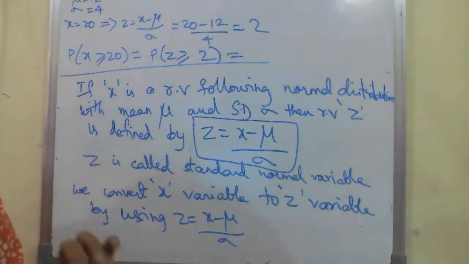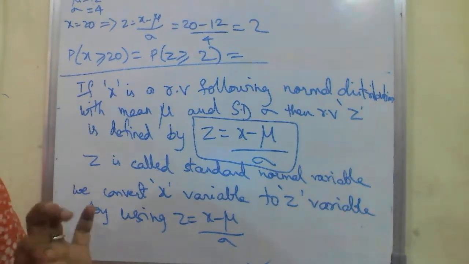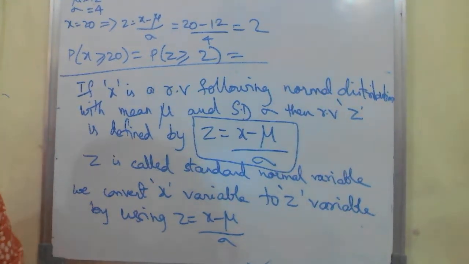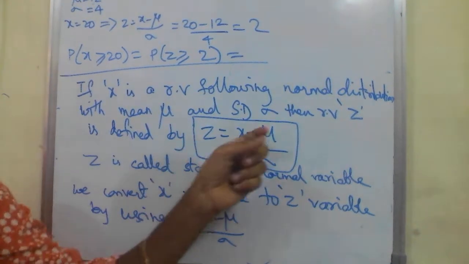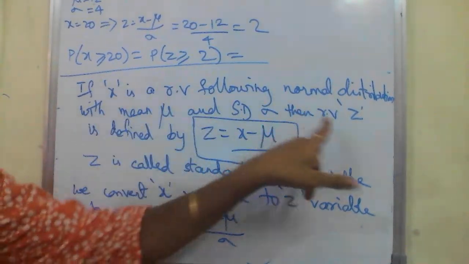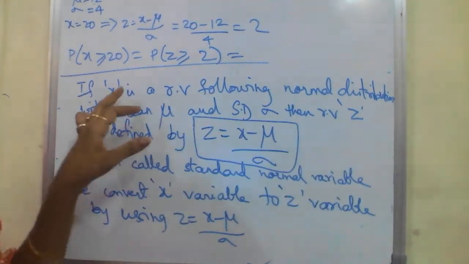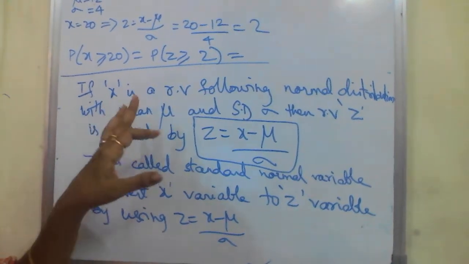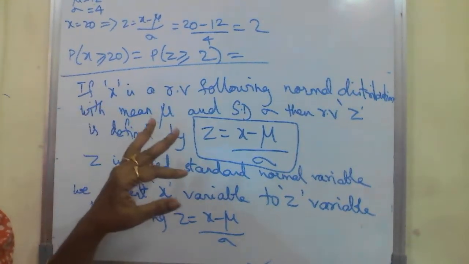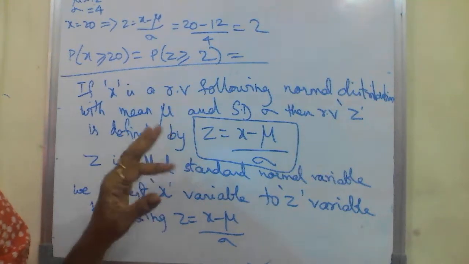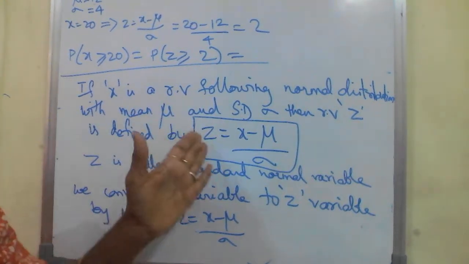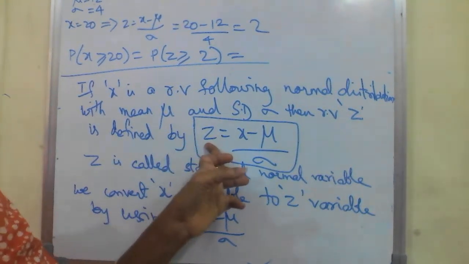When a problem is given to find the probability using normal distribution, the first and foremost thing we have to do is convert x in terms of z. The problem will be given in terms of x, and that particular x you have to convert in terms of z.